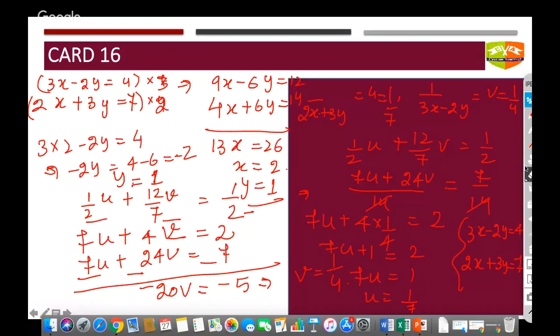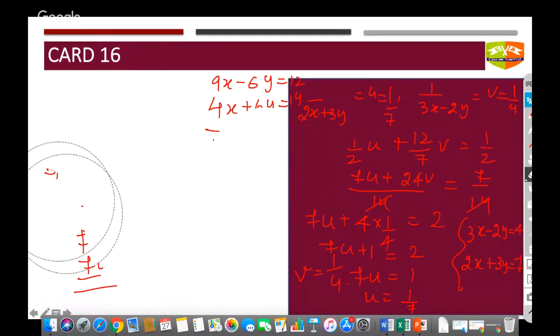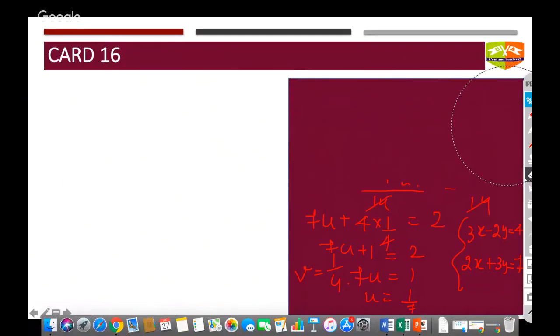Now one particular thing which we need to take care in case of linear equations is that whatever values of x and y I'm getting should be checked with the answers. So I get x is equal to 2 here and y is equal to 1 here. Let me put in the values and try to get the answers.